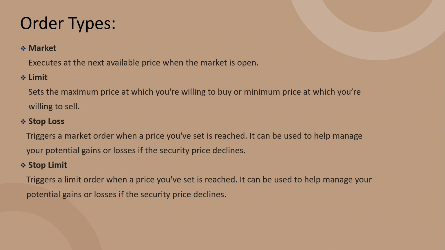The other two we will cover in an advanced session. They're called stop loss and stop limit. I don't want to confuse you with too many things in the beginning stage. Stop loss is when you have a stock and you want to sell it, you put a stop loss so that you don't sell it below a certain price.